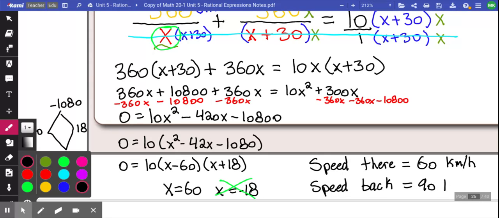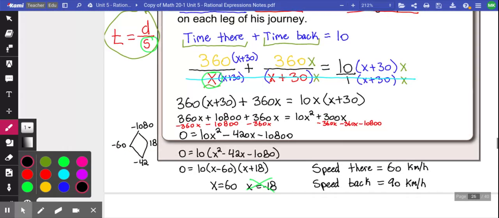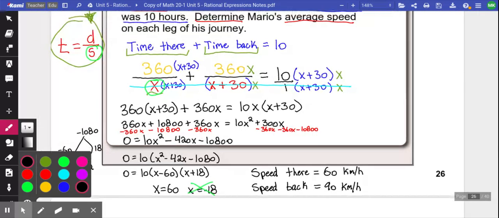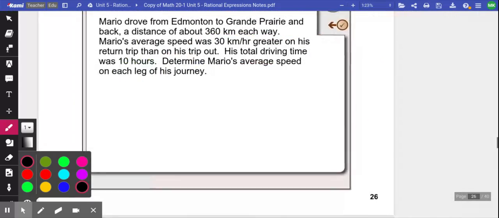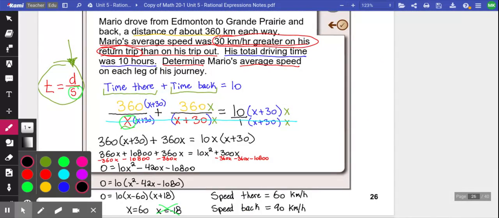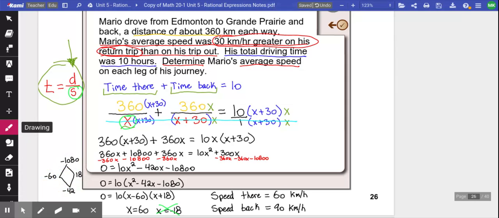So it's 90 kilometers an hour. And that is our first word problem. Usually, people are kind of floored by it. They find these hard. There's a lot of information there. We're going to do a couple more so you can hopefully get a little handle on it.